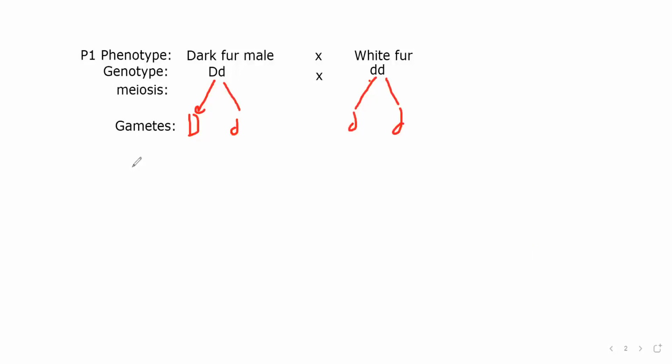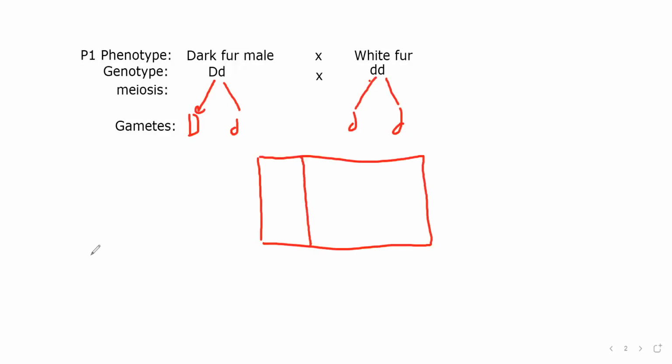So I'm going to draw a Punnett square here. 1, 2, and 3. Then 1, 2, and 3. Those are my 3 columns, 3 rows.